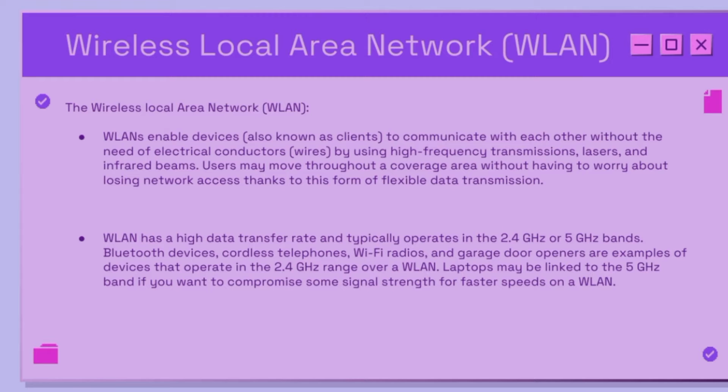Bluetooth devices, cordless telephones, Wi-Fi radios, and garage door openers are examples of devices that operate in the 2.4 GHz range over a wireless local area network. Laptops may be linked to the 5 GHz band if you want to compromise some signal strength for faster speed on the wireless local area network.